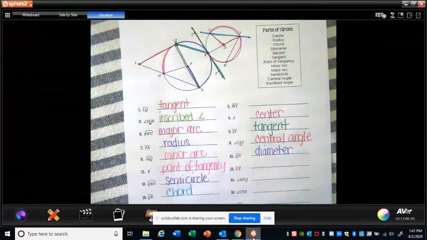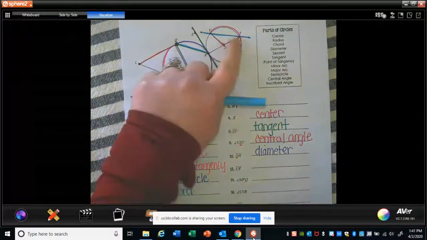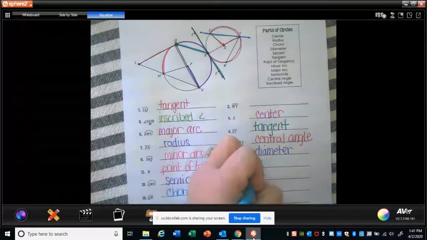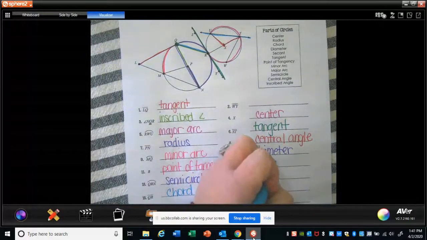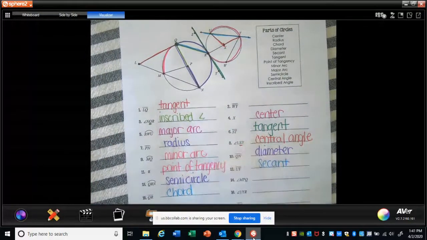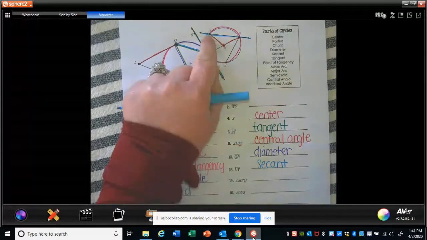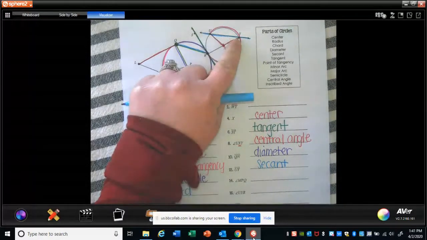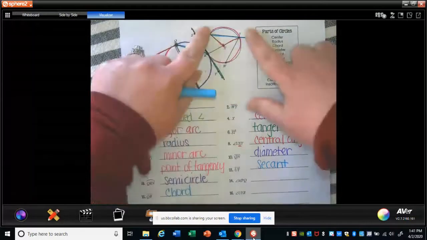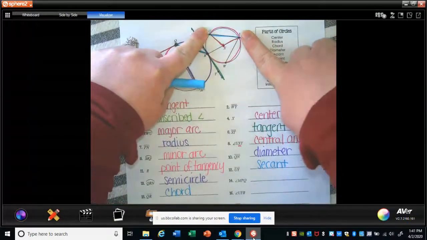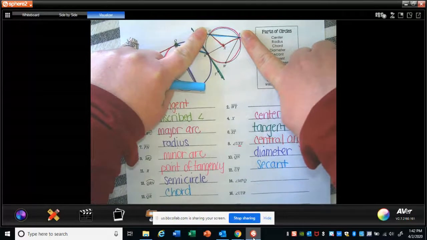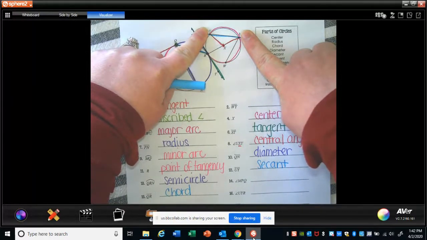Since it's going through the circle and it touches the circle at 2 points, this is known as a secant line. Now, if it had said segment UY, since U and Y are on the circle and it would be a segment, it would be as if these parts were missing, and that would be a chord. So we have to be careful with our symbols and pay close attention to the symbols to know what it's asking for.